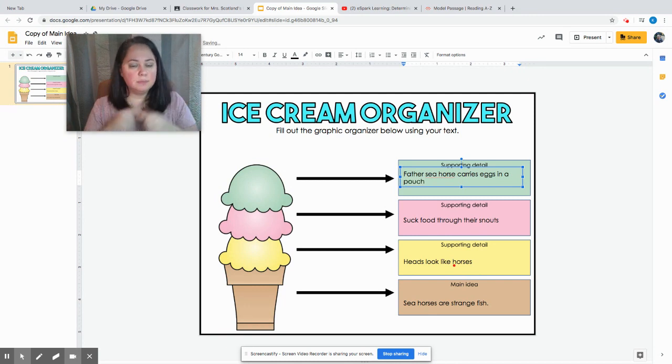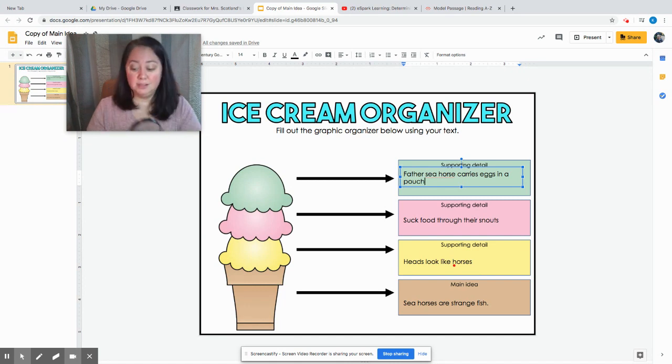Now, boys and girls, let's look at this graphic organizer. I'm going to use my magnifying glass. The main idea of this article is that seahorses are strange fish. So we want to know, what makes them so strange? We only read the first paragraph and we were able to find 3 details that tell us what makes the seahorses so strange.